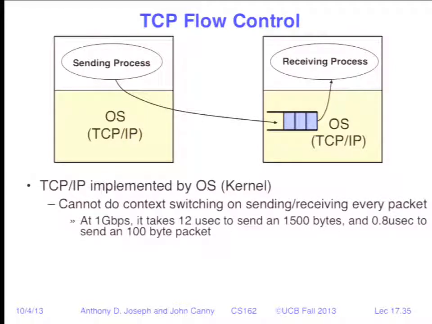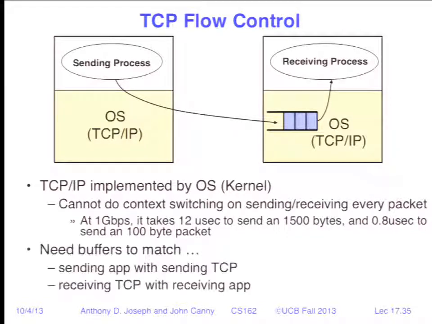Now, TCP is implemented in the kernel, which means we don't want to be context switching every time we get in a packet, because at 1 gigabit per second, we're receiving packets very, very quickly. So we're going to batch instead. We're going to use buffers, and then the receiver will get a bunch of bytes out of the buffer all at once. So we can amortize the cost of context switching from the kernel into the receiving process.